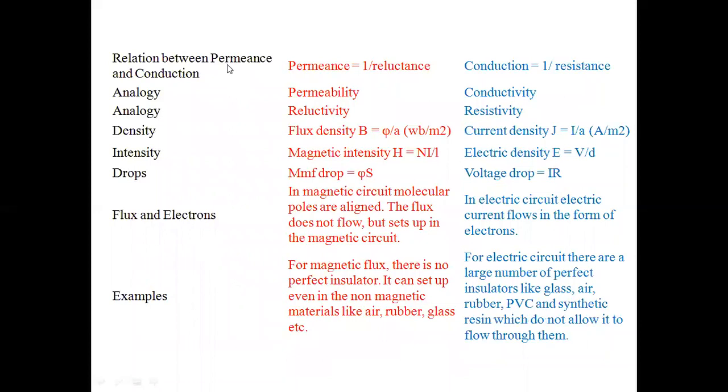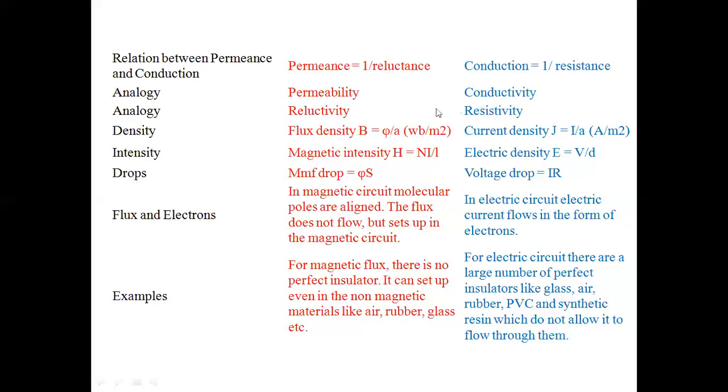Now the relation between permeance and conductance. Permeance equals 1 upon reluctance, and in the same way conductance equals 1 upon resistance. Now the analogy: permeability in the magnetic circuit corresponds to conductivity in the electric circuit.